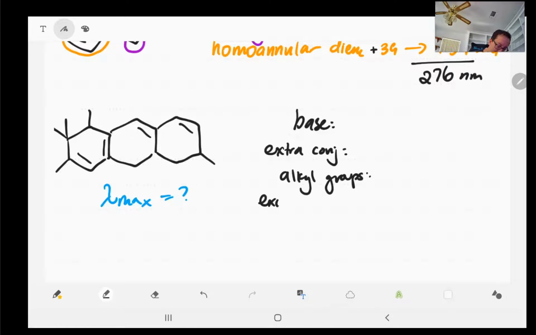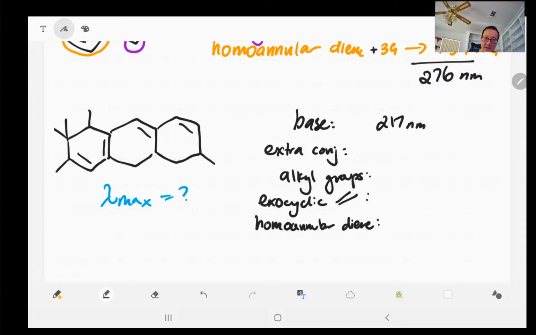We have our exocyclic double bonds. And then we have our homoannular diene bit. So when we're looking at this, of course we have our base value, so we don't even need to think about that. We have a diene, that gives us 217.